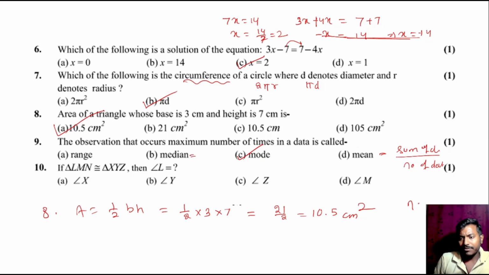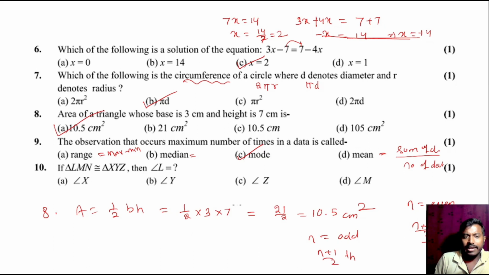If n is even, then the (n by 2)th term plus the ((n plus 1) by 2)th term divided by 2. If n is odd, then in that case the ((n plus 1) by 2)th term. Range means maximum value minus minimum value. Understand?